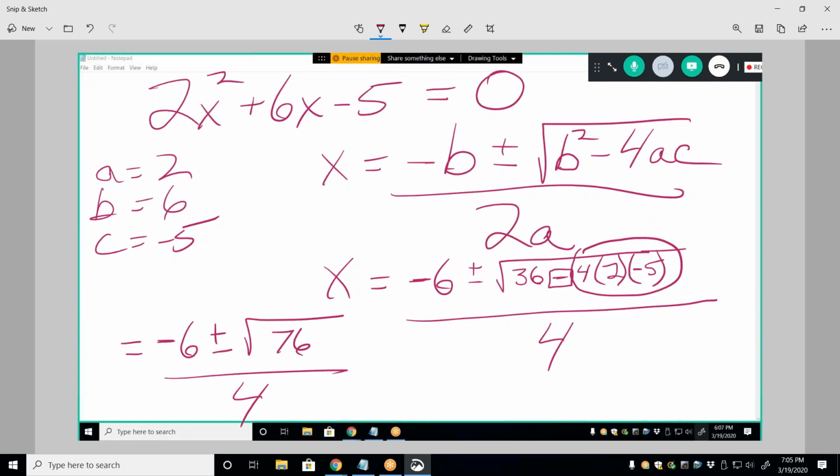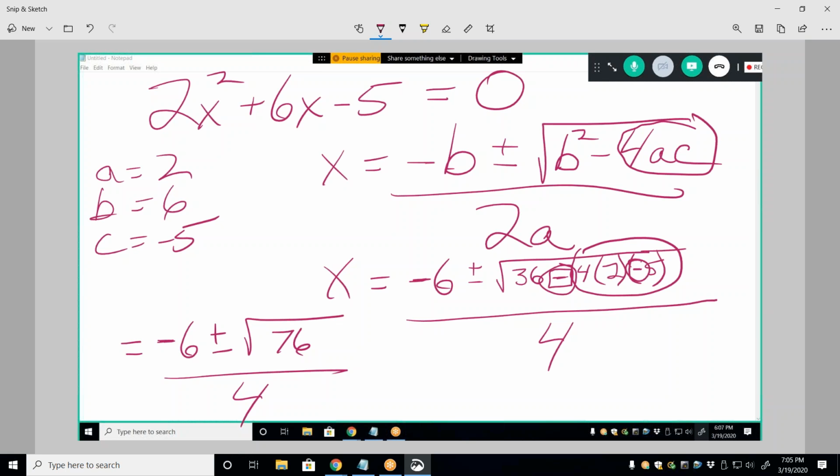You with me? How I got there? You can see why it would be confusing, because that negative sign almost looks like it should just cancel out that negative sign there. And it does not at all. And that's the mistake everybody makes. So always try to do your 4AC separately, and then just subtract that from b squared.